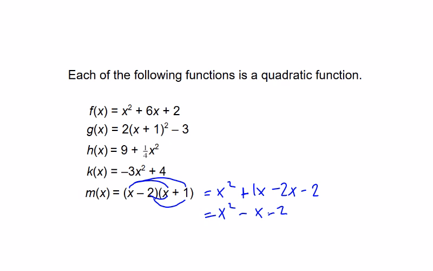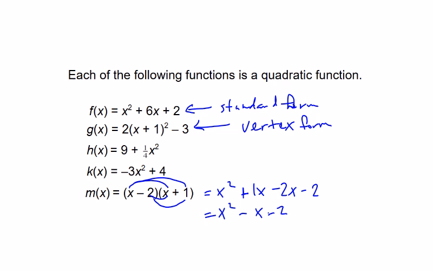Anyway, just to show you that they come in all different formats, this is actually called standard form, and the book uses this as standard form. I've always heard this as vertex form, and I think the book uses those interchangeably, but standard form to me is this, where you have ax squared plus bx plus c.